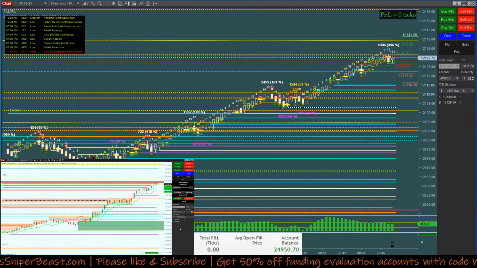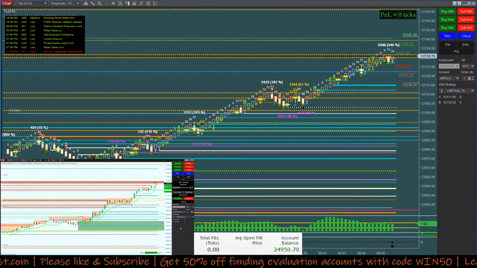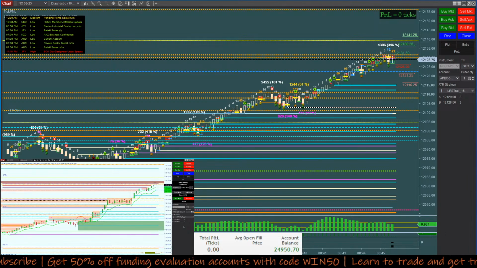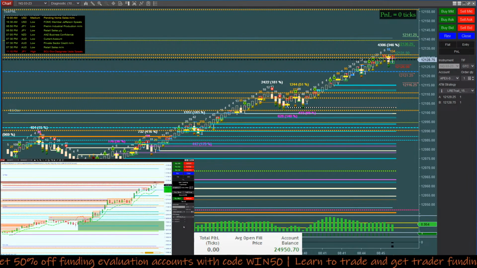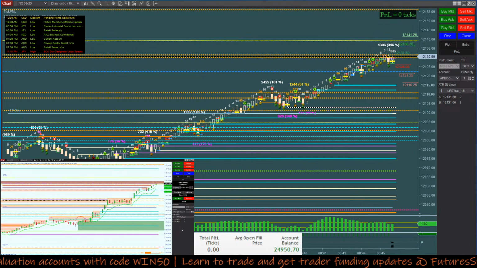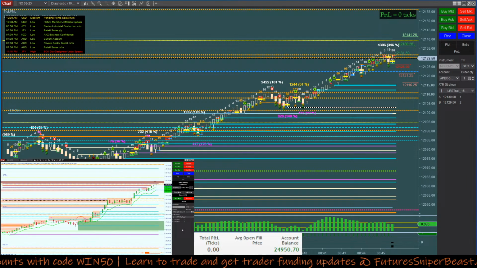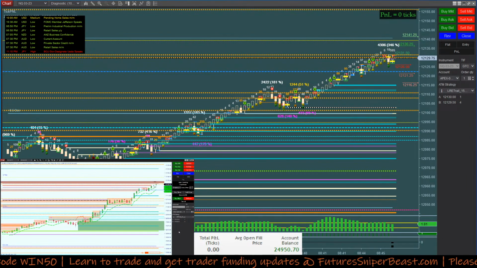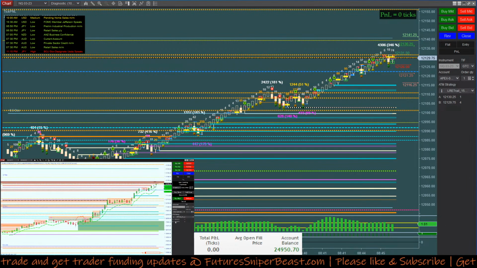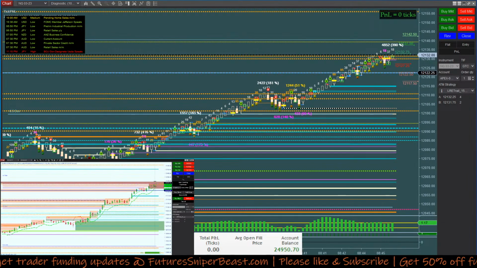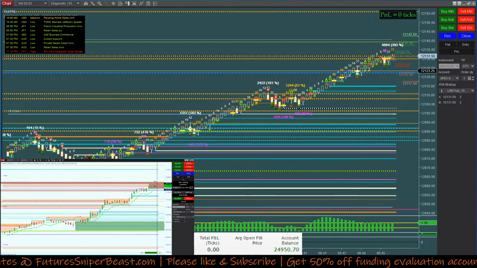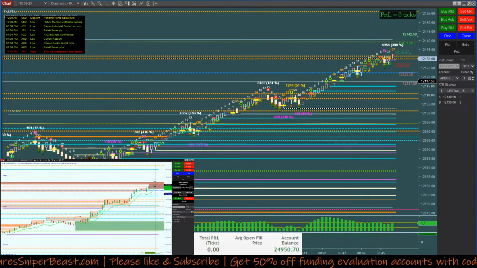Potential TX on NQ. Double cluster NQ. Might take one if it comes back to this wall, though.